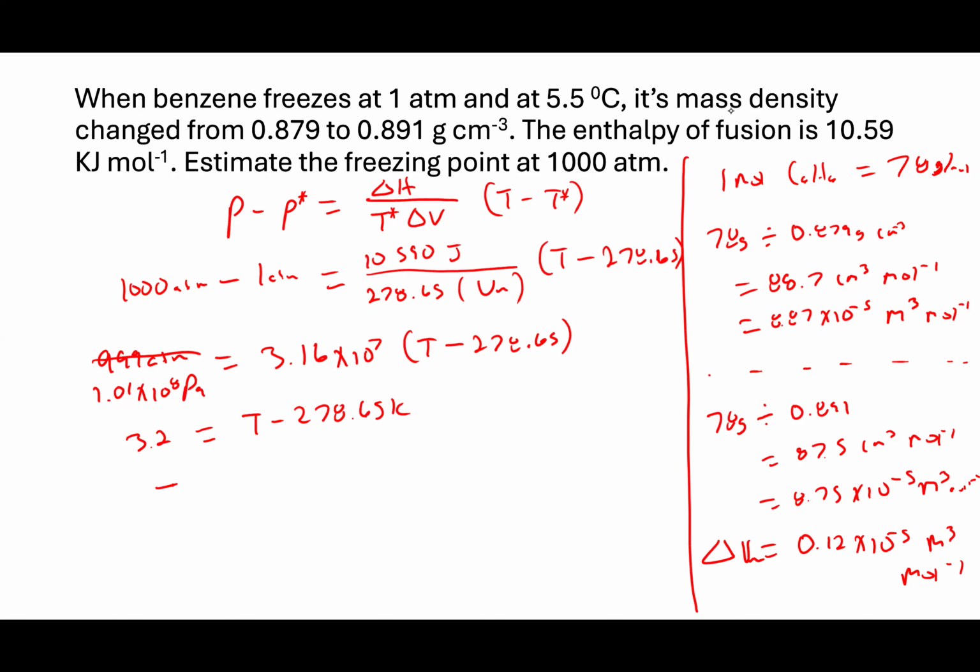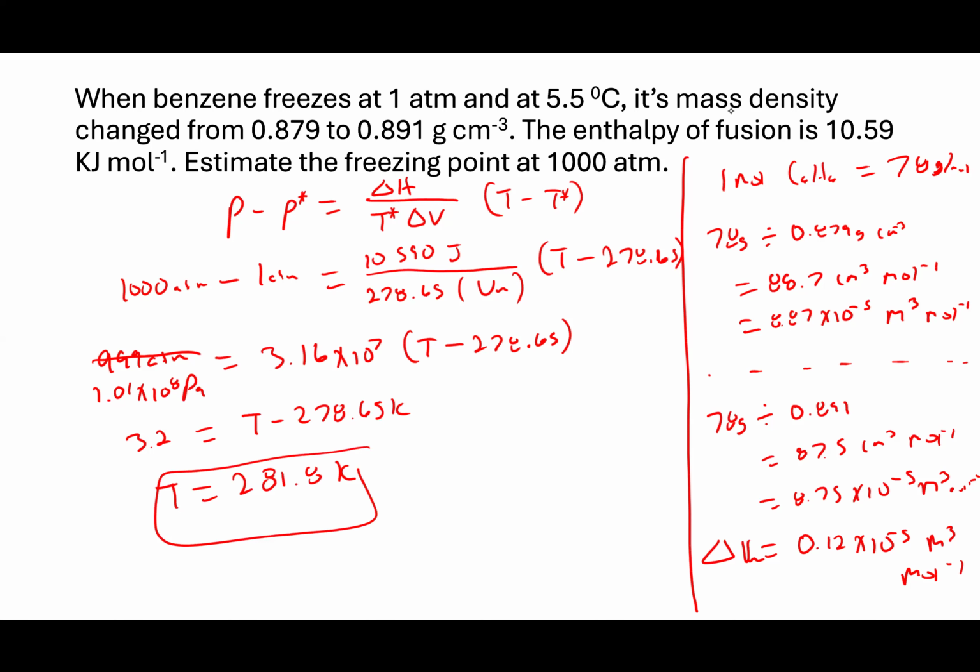Our new temperature is going to be 281.8 Kelvin. That's going to be our new freezing point. Our new freezing point went up just a few degrees. It went up 3.2 degrees.